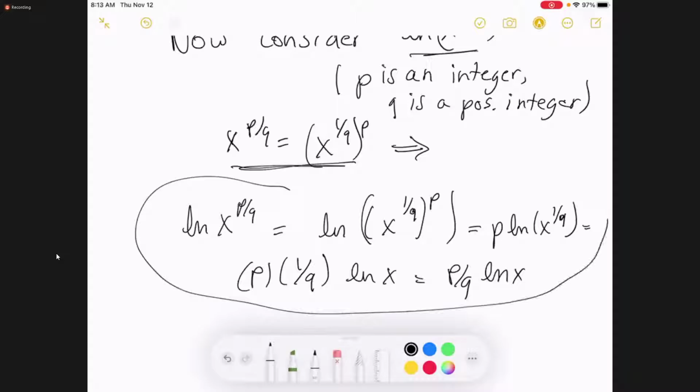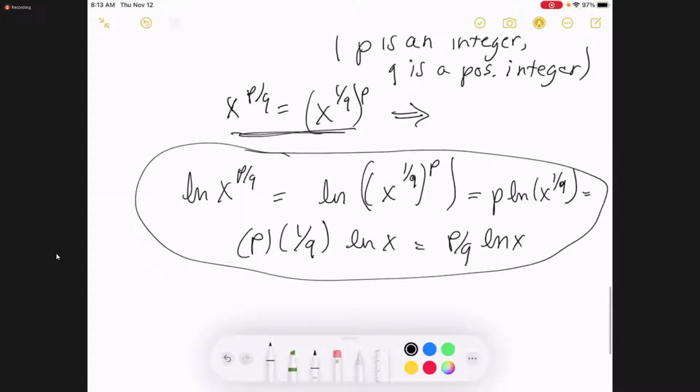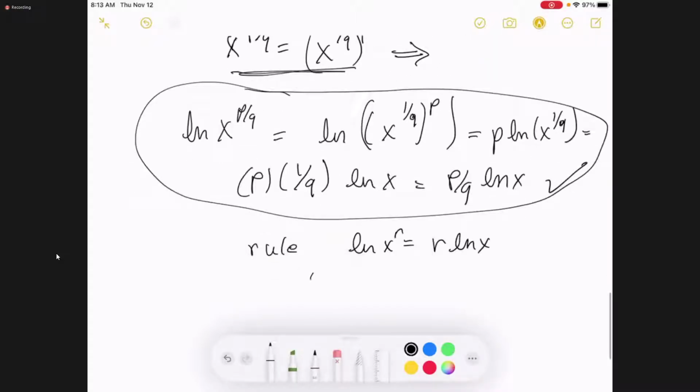And that proves it. The rule works. The rule ln of x to the r is r ln of x for r a rational number works. So it's a real rule.